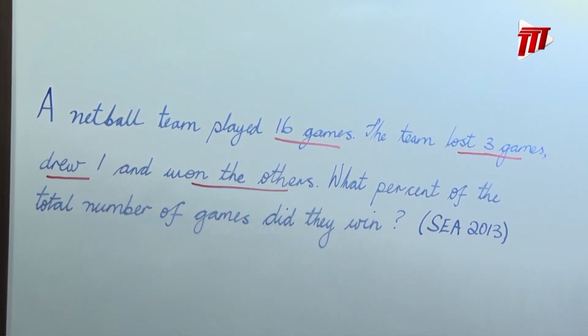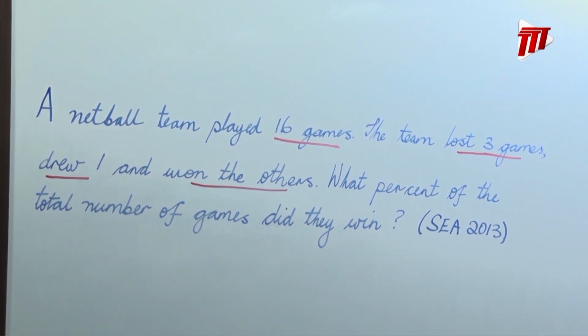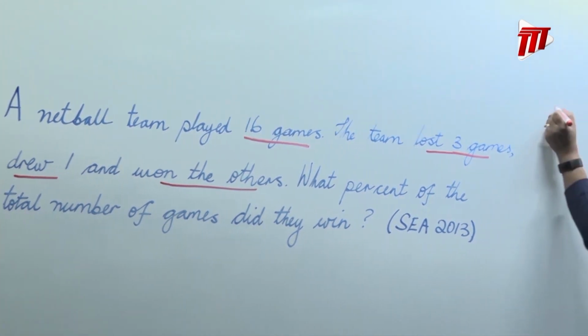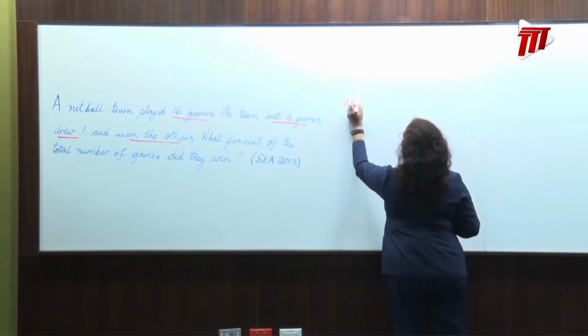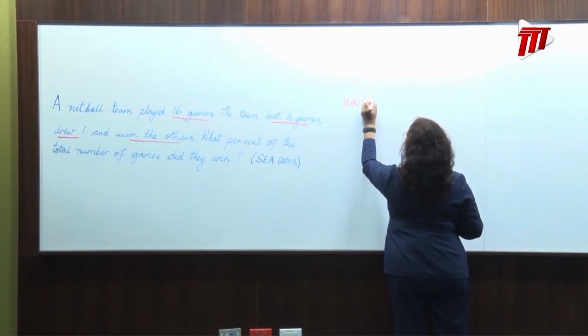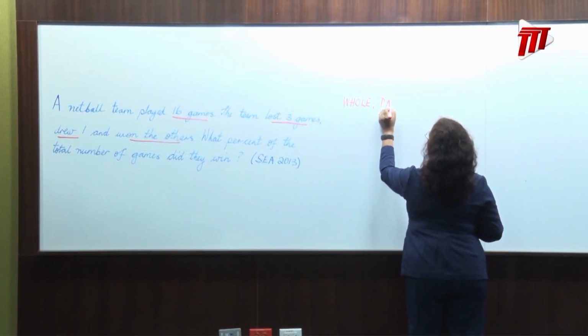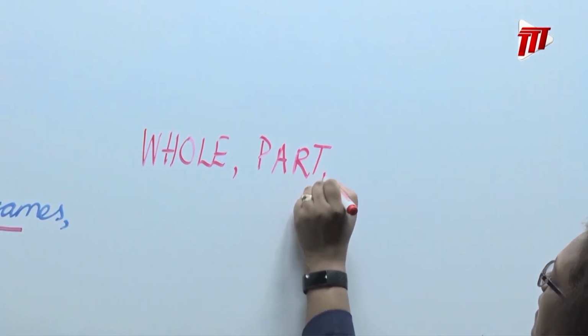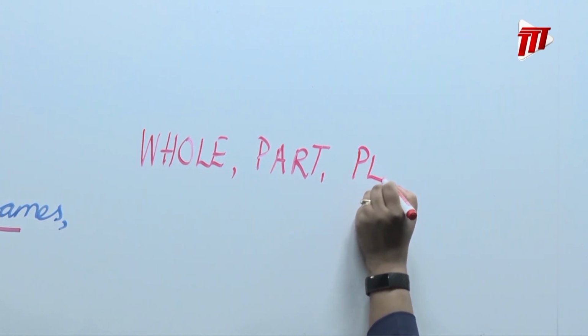What percent of the total number of games did they win? So again, as we remember in problems like these, we identify the whole, the part, and then we will probably find the percent if we are asked to.